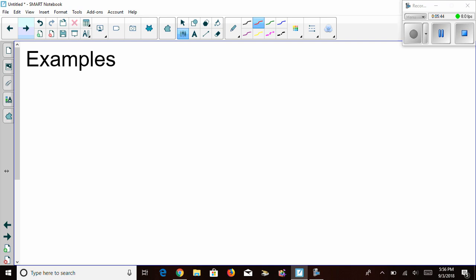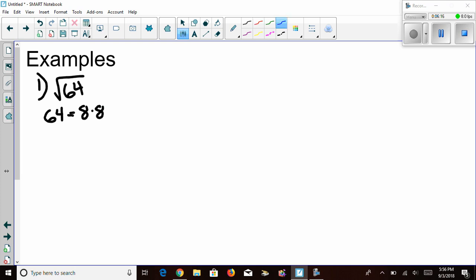The first example I want to look at is if I were to ask you what is the square root of 64? Now, we need to think to ourselves, well, 64. Can I think of factors of 64 that are the same? Well, 8 times 8 is 64.